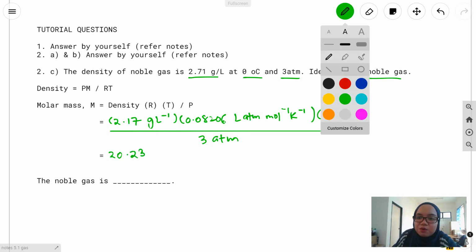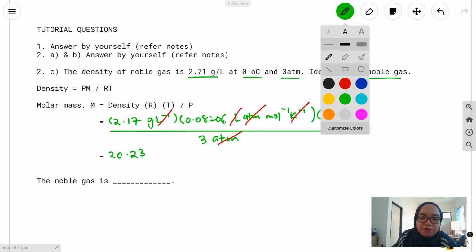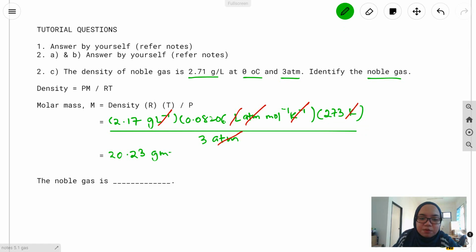20.23. How do we know the unit? The atm cancels, Kelvin cancels with Kelvin, and liter cancels with liter. So we get gram per mole: 20.23 gram per mole.